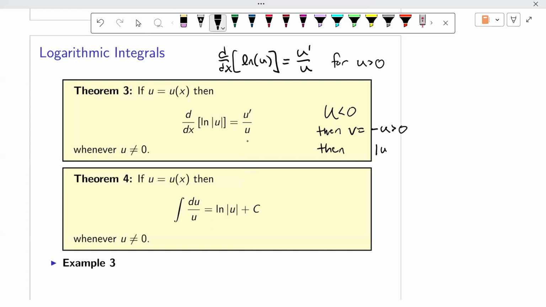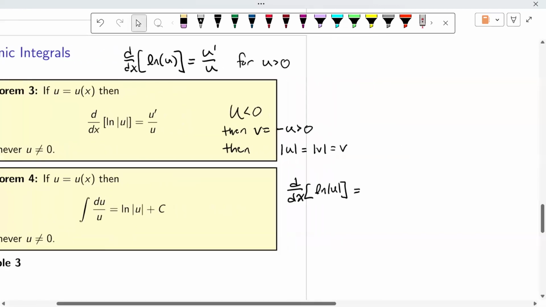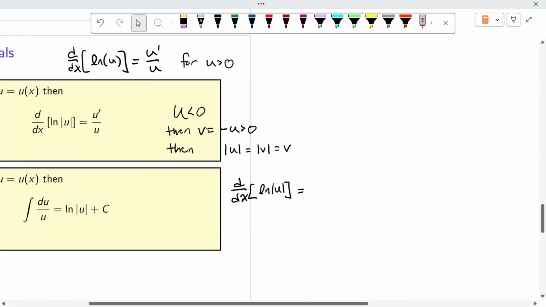And then the absolute value of u is the same as the absolute value of v, which is really the same as v. And then, all right, see, I've fallen into my trap. I'm explaining it now. I gotta pretty this up. Hold on, everyone. Let's fix this. All right, I'm not gonna do an example. I'm gonna go on a little rabbit trail here.